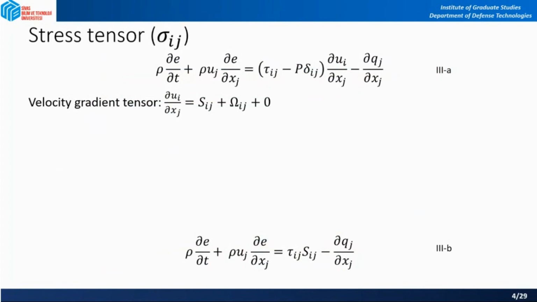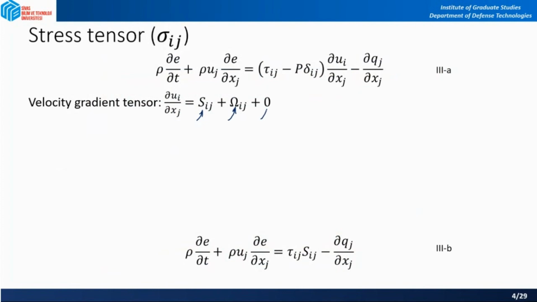So you will replace sigma ij by tau minus pressure. There is something interesting with the thermal energy equation, and that's why I started with it first. We also know that the velocity gradient tensor dui/dxj is the summation of the rate of strain, which you remember from last week is a symmetric tensor, and the rate of rotation, which is antisymmetric.